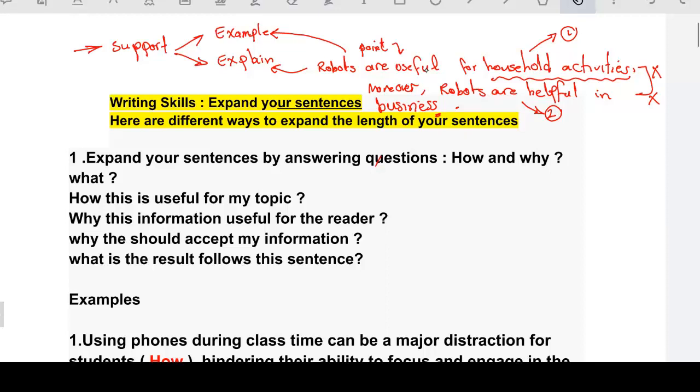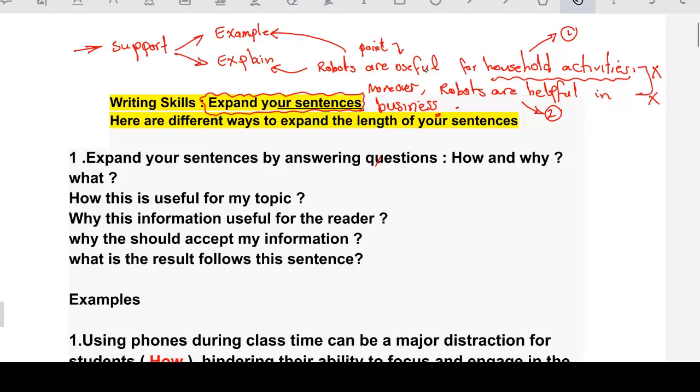Okay, for this reason, we will study in this class how to expand your sentences, how to write a sentence, and don't jump to a new point or a new sentence before you explain the first one.